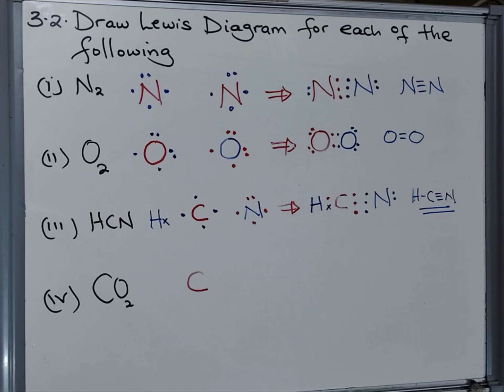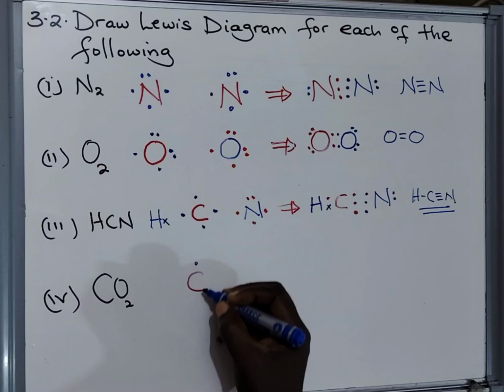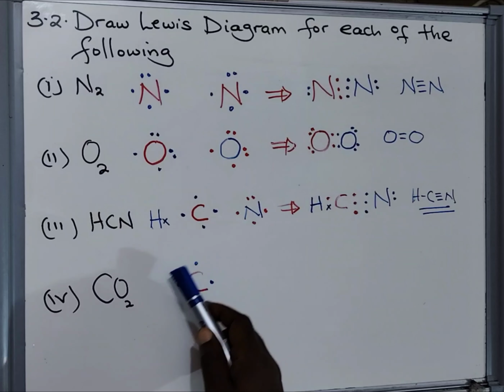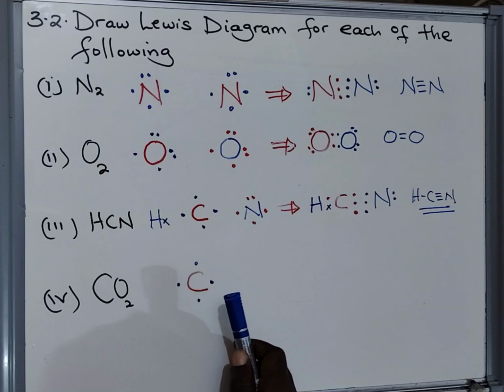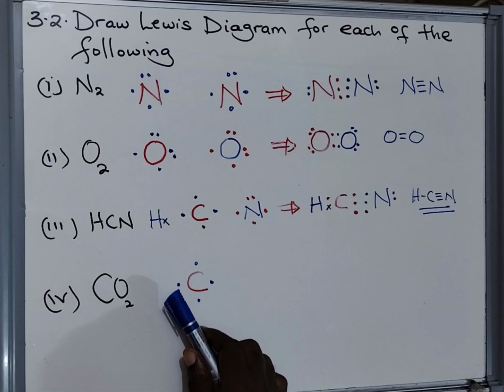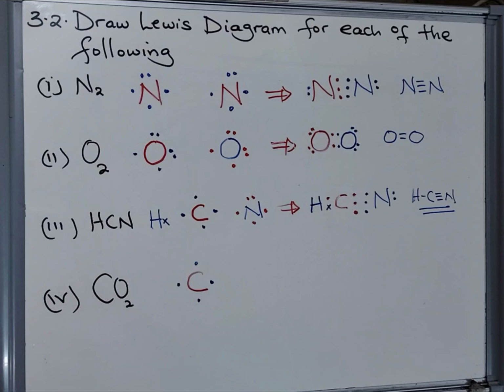Carbon belongs to group 4 or group 14, and it has 4 valence electrons. And the 4 valence electrons, each indicated in the corner, means that carbon has the capacity to form 4 bonds.